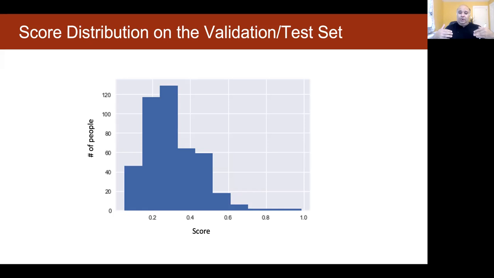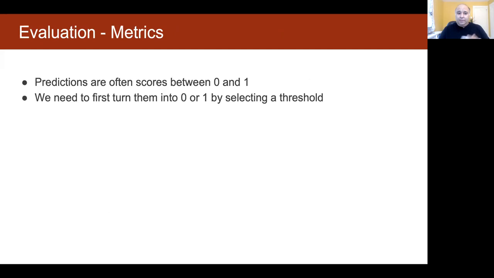And so now it's our goal to figure out how correct the model is. The first thing we do in most of the metrics we're going to use is remember that predictions are often scores between 0 and 1. In order to calculate metrics like accuracy, precision and recall, we first turn them into 0 or 1. We classify by selecting a threshold.